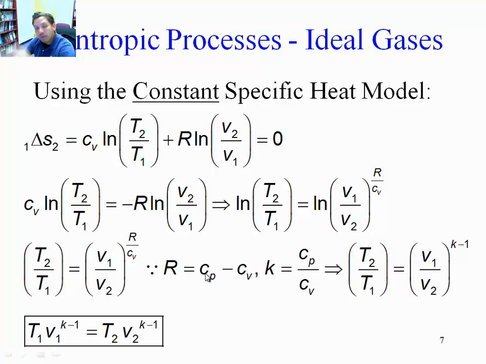For air, there's a table for Cp and Cv at different temperatures. The difference between the two is the R, and the ratio of the two is K. So we are going to replace R by Cp minus Cv, and then that will be Cp over Cv minus 1, and Cp over Cv is K. So the ratio of R over Cv can be replaced by K minus 1.